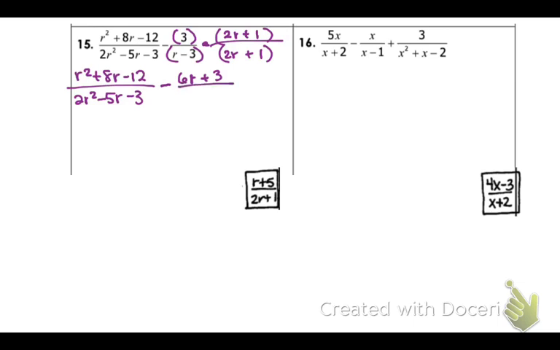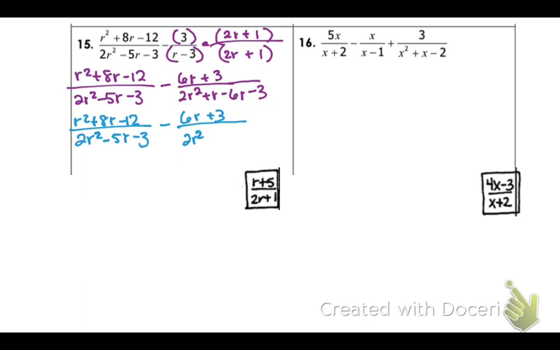And then you're going to be left with 2r squared plus r minus 6r minus 3. Let's combine like terms at the bottom, the denominator. So we have 2r squared minus 5r minus 3.